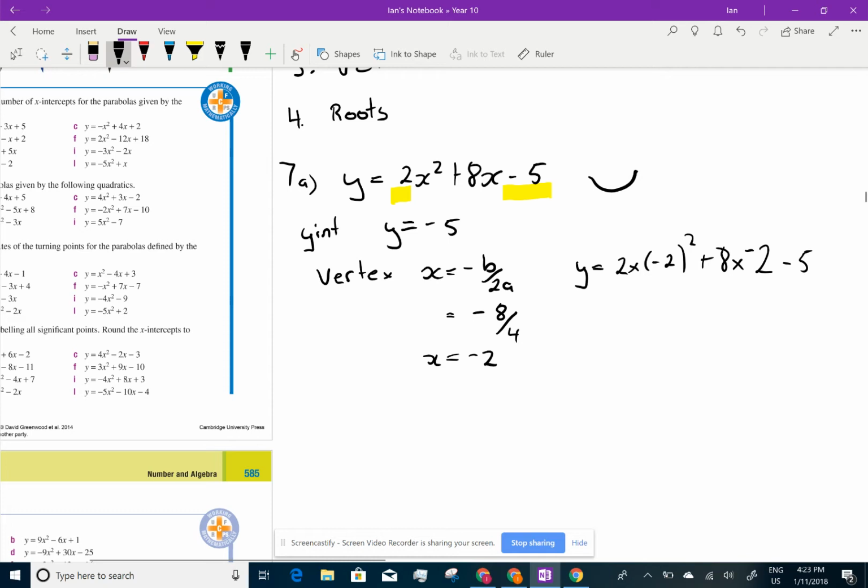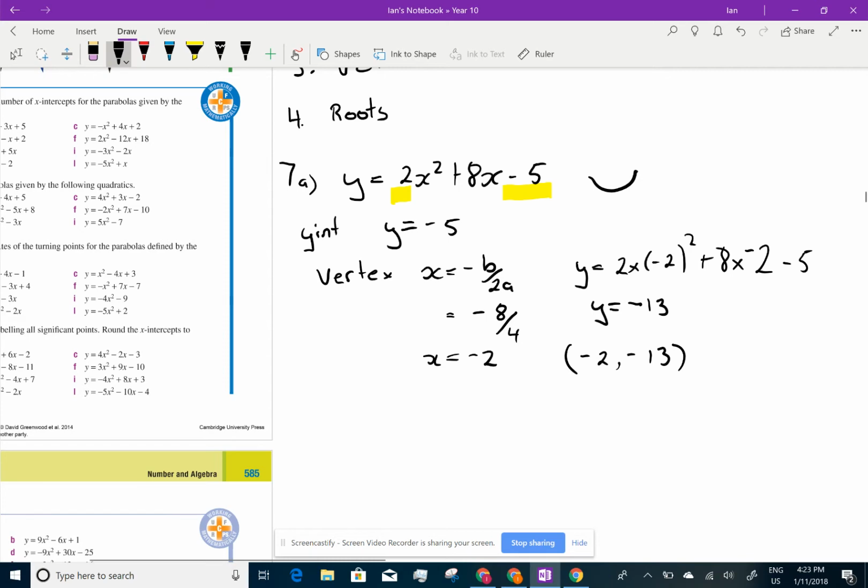I'm going to get my calculator out, and I suggest you do the same. Negative 2 squared is 4, so 2 times 4, plus 8 times negative 2, minus 5, we get negative 13. So y equals negative 13. So there's my vertex, negative 2, negative 13.